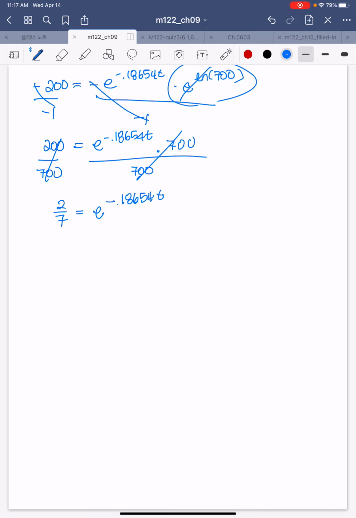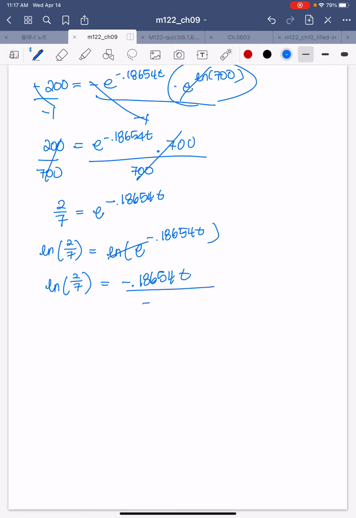Let's apply ln to both sides. So these cancel out. So ln of 2 over 7 is equal to negative 0.18654 t. Divided by negative 0.18654, divided by negative 0.18654.